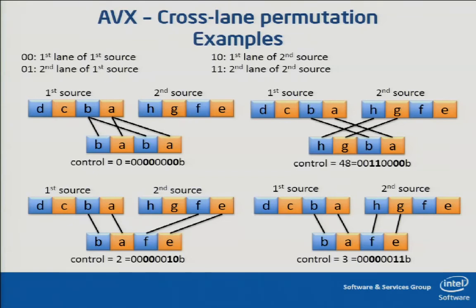And you give these values from 0 to 3, meaning you have four values of choice for a given integer. You have two of them, these are the bold positions here. 0, 0 means first lane of first source. 0, 1 means second lane of first source. 1, 0 means first lane of second source. And 1, 1 means second lane of second source.